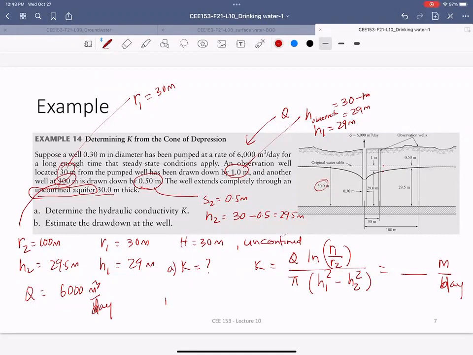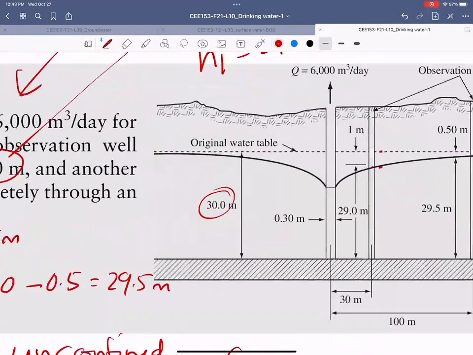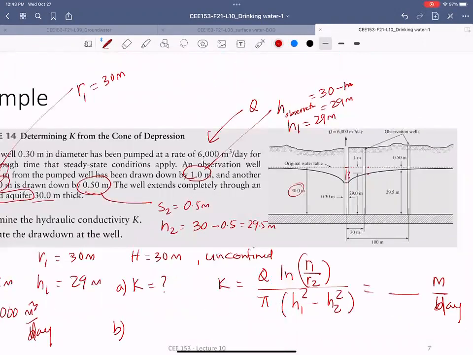All right, the second question estimates the drawdown at the well. So it asks what is the drawdown at the well? How much is this one? This is what the question is, what this value is. To do that one, you have to think of that as a separate observation well.